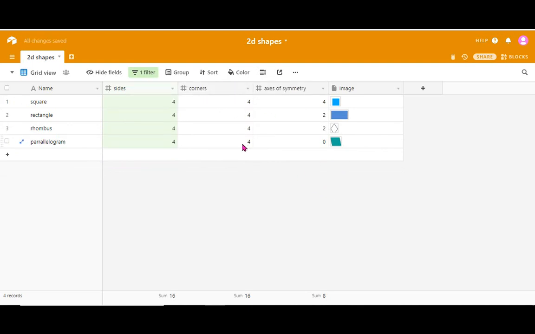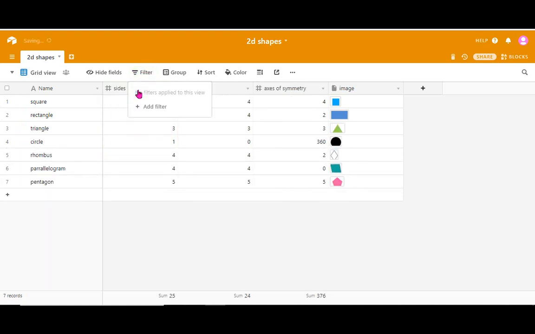They all have 4 corners because they have 4 sides. However, they don't all have the same number of axes of symmetry, and you can look at the images there to understand why that is. So again, really useful to be able to sort, order and filter and help learners.